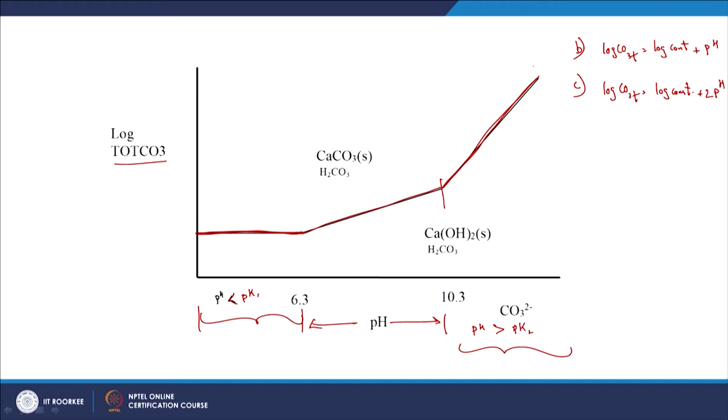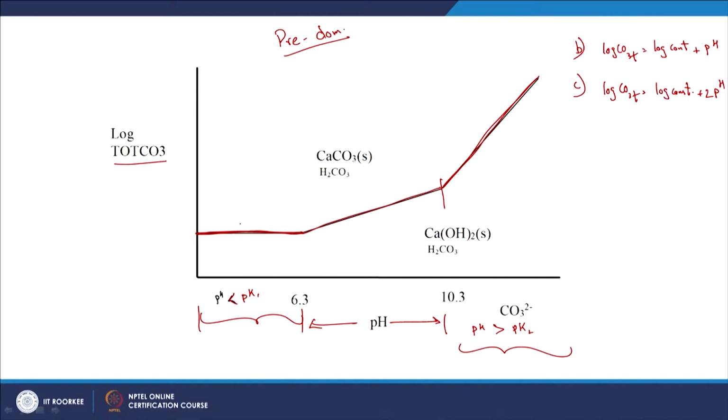So what do I understand from this particular aspect now? Keep in mind that we were discussing the predominance area diagrams, and we were trying to draw the relevant predominance area diagram between CaCO3 and Ca(OH)2, the solids. So what does this mean now?